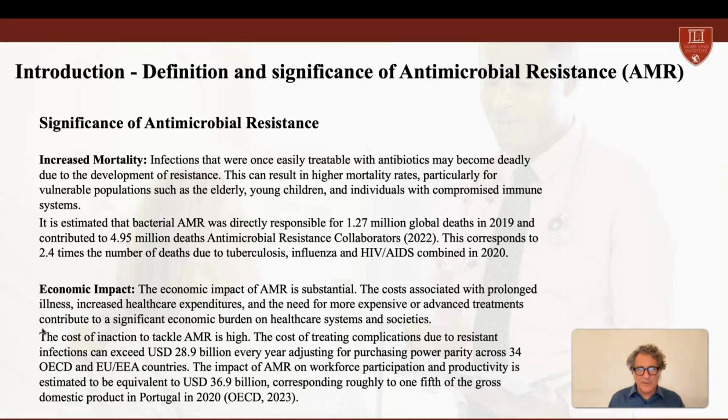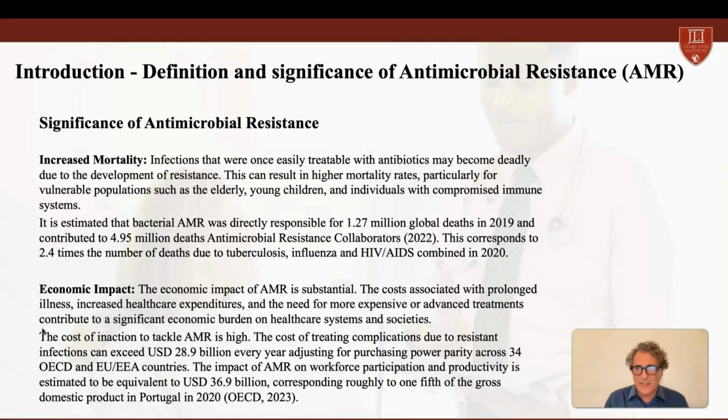We're talking about AMR being directly responsible for 1.27 million global deaths in 2019. So we're talking about 1 million persons who died, and there was also a contribution, meaning not a direct cause, to almost 5 million deaths.